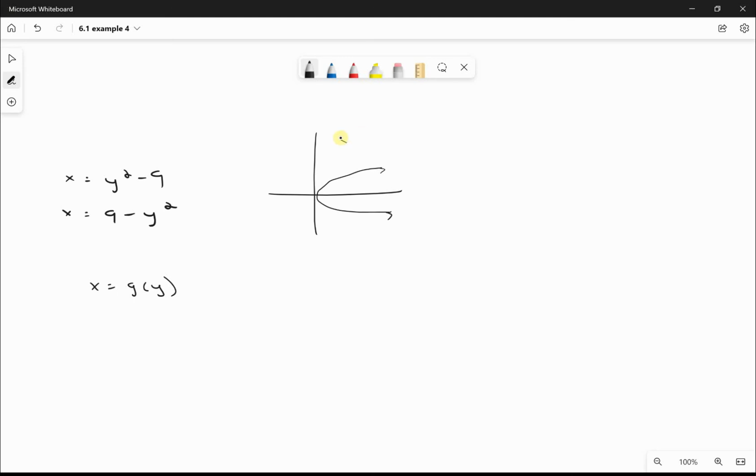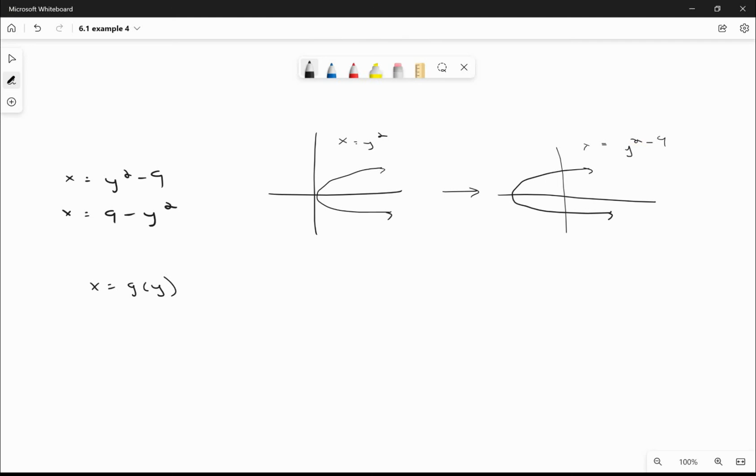And then if we want to graph this first curve, y squared minus 9, then we just shift this over on the x-axis, 9 units to the left. So this is x equals y squared minus 9.